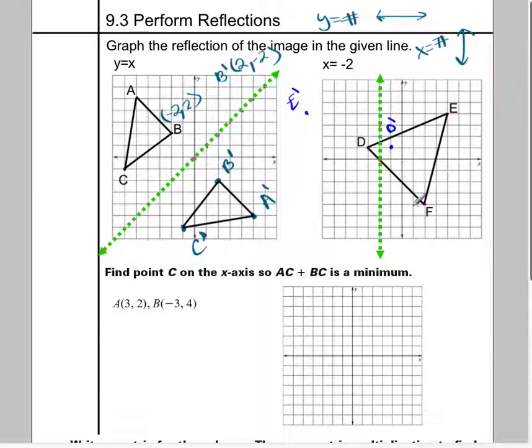And then F is 1, 2, 3, 4 to the right, so 1, 2, 3, 4 to the left for F prime. And connecting for our figure. And there it is. And imagine if you folded on the green line, things would be matching up with each other.